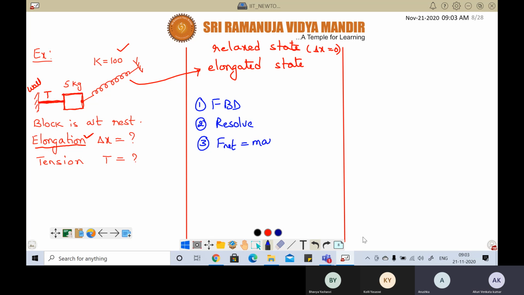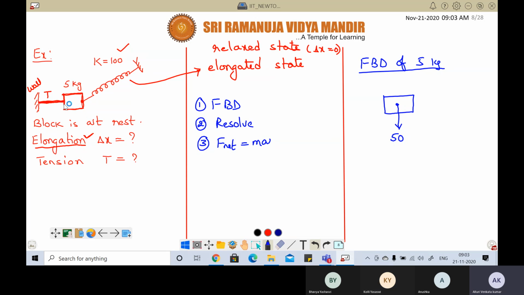No, just 1 minute. See here. First, what is the free body diagram of the 5 kg block? Tell me the first force. Gravitational force, 50 newtons.